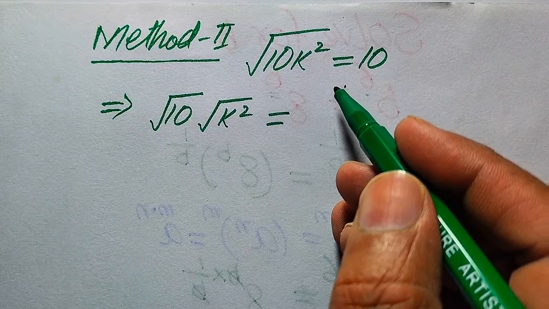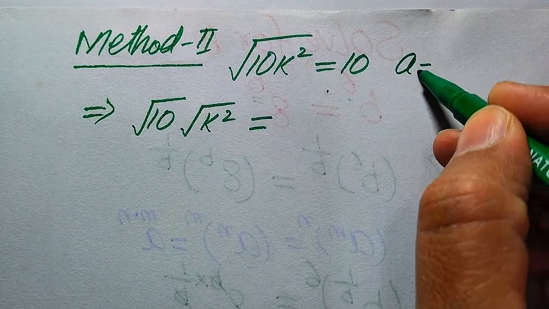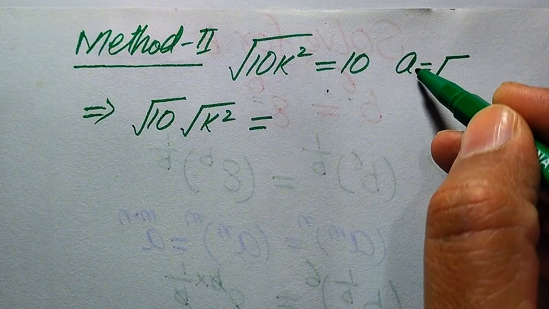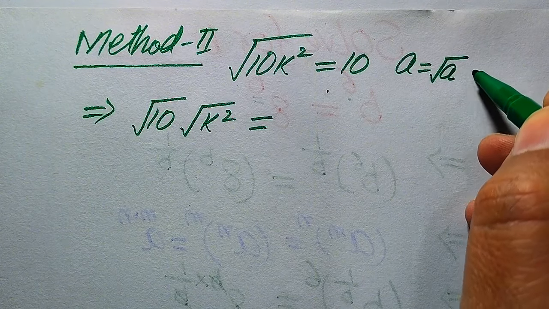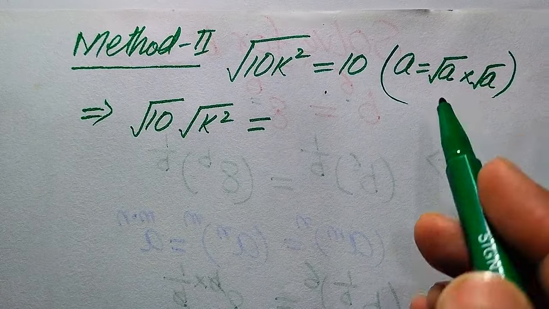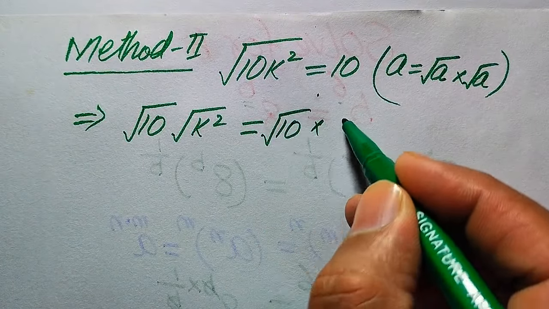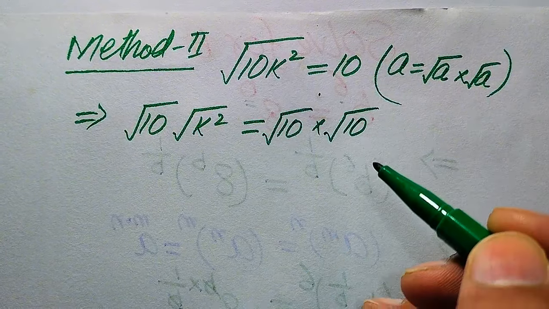And here we use the nice radical law. You know that if we have some number a, we write it as the product of radicals, square root of a multiplied by square root of a. So according to this rule, we write this 10 as the square root of 10 multiplied by the square root of 10.